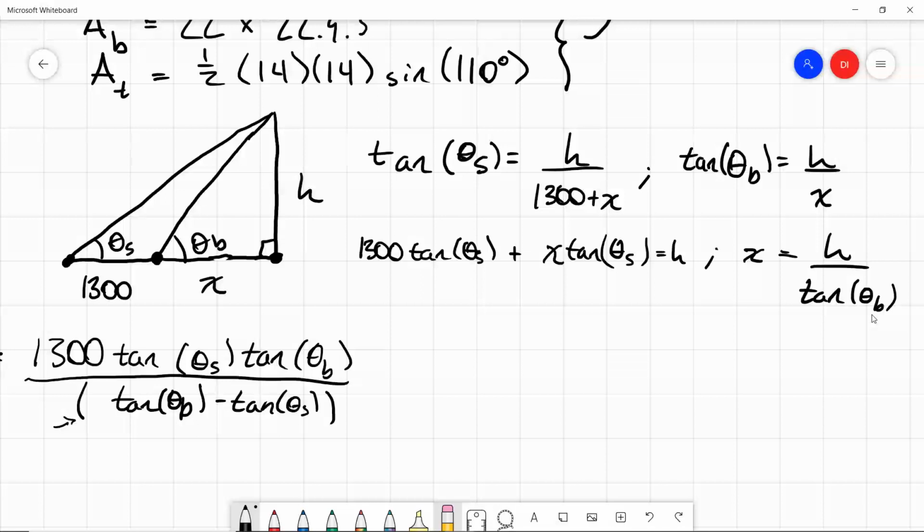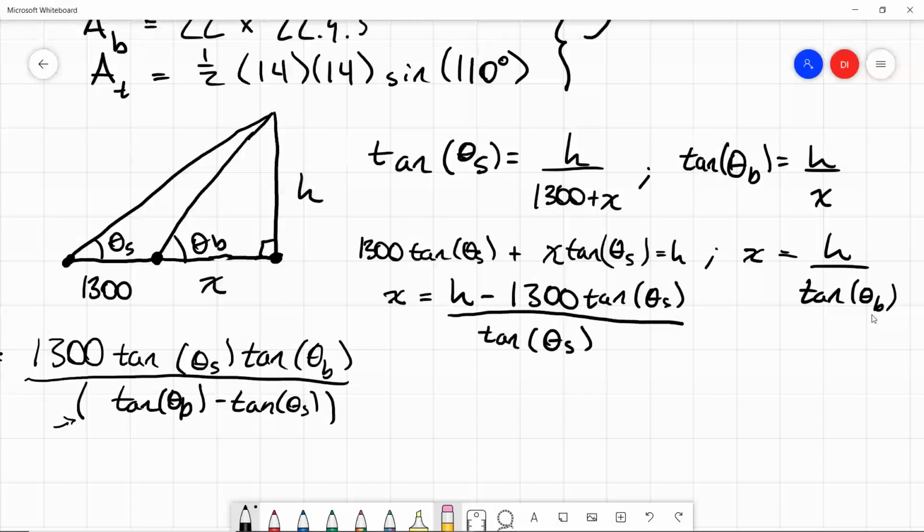This one takes a couple more steps. We have to subtract over the 1300 and divide by tangent theta s. So x is equal to h minus 1300 tangent theta s, all divided by tangent theta s.